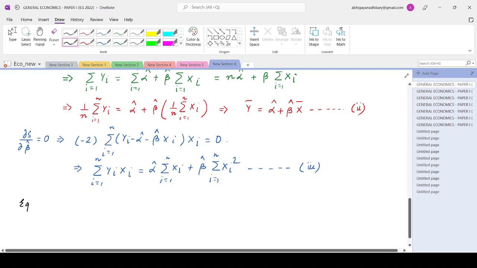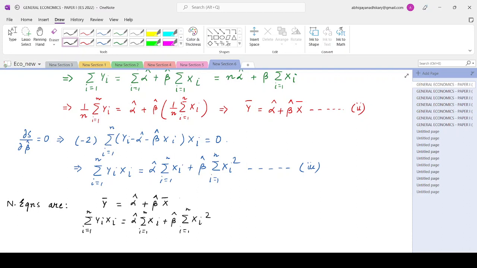Therefore, the equations, these are basically known as the normal equations, are y bar equals alpha hat plus beta hat x bar, and summation yi xi is equal to alpha hat summation xi plus beta hat summation xi square.